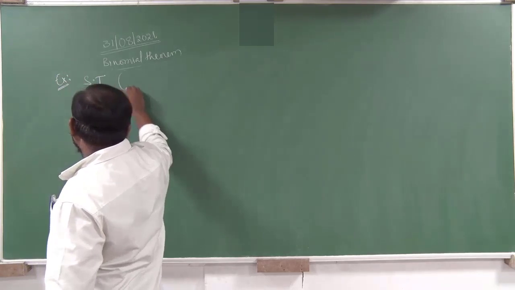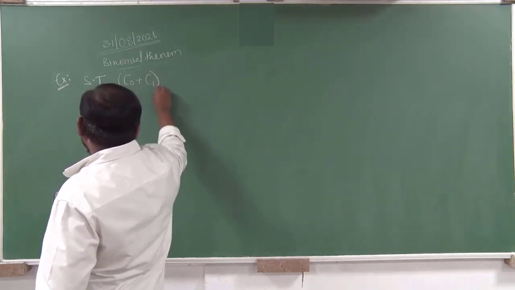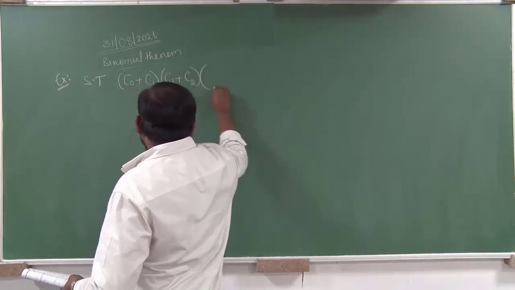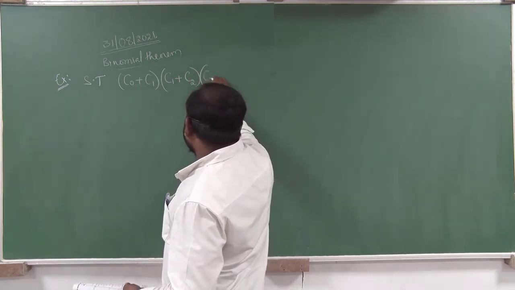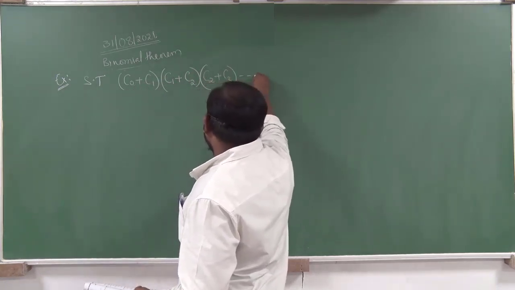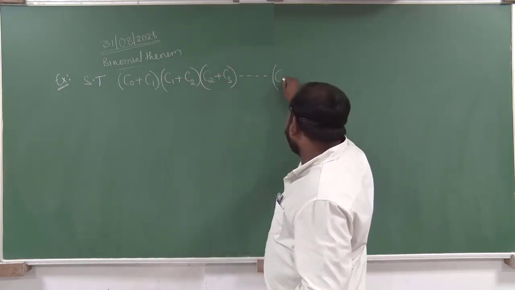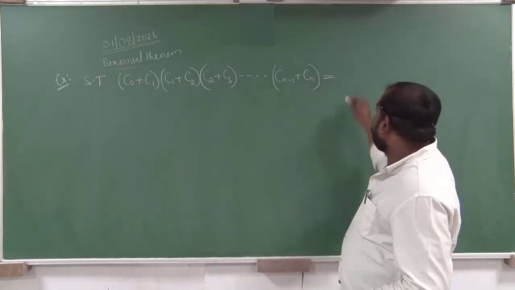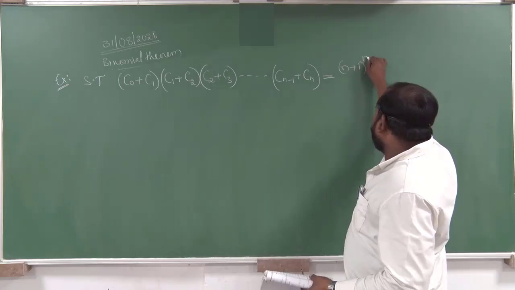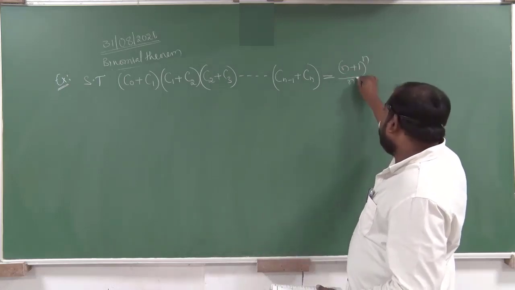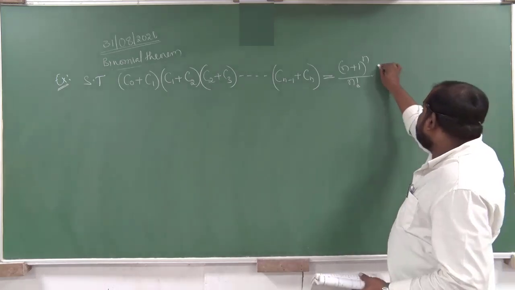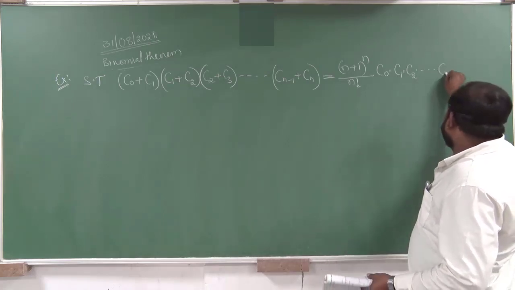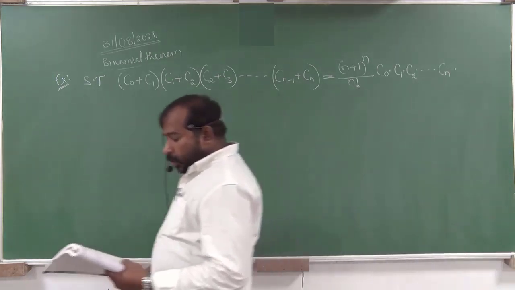Show that c0 plus c1 into c1 plus c2 into c2 plus c3 into, and so on, into cn minus 1 plus cn, is equal to (n plus 1) whole power n by n factorial into c0 into c1 into c2 into, and so on, cn. This is one more example.